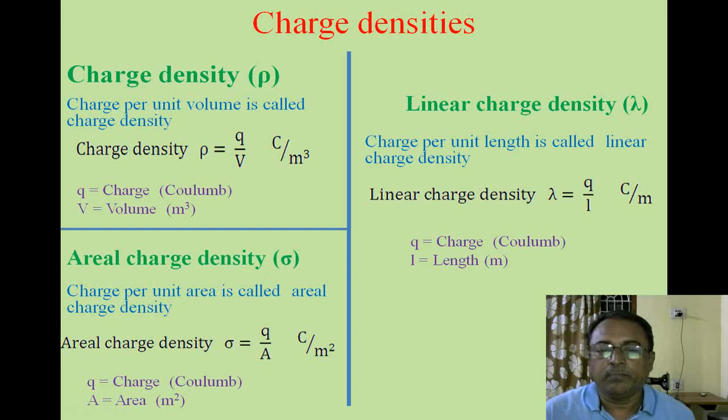Let it be a plate, and that plate has a surface area equal to A, and for this plate we are giving a charge Q. Then this charge Q is distributed throughout the area A. Then the charge per unit area is called the surface charge density or areal charge density.